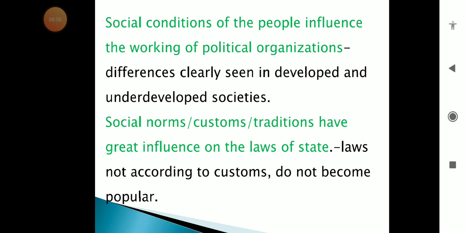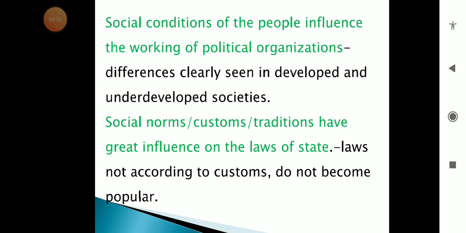If you talk about Western countries, in those countries political organizations are better, in comparison to underdeveloped countries, where there are so many social problems. So differences can be clearly seen in developed and underdeveloped societies.